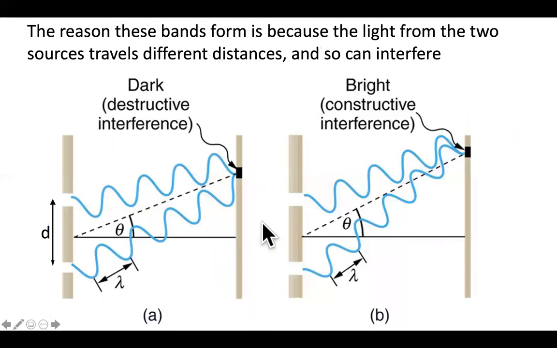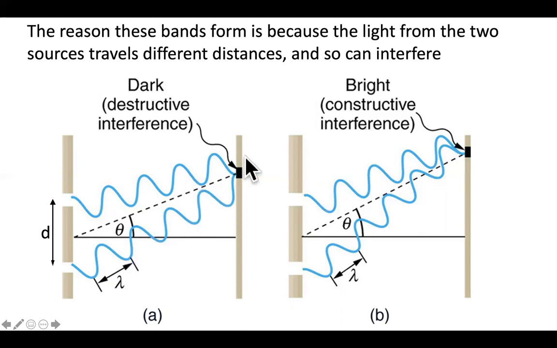In this case, you have light coming from one slit and the other slit, and they're traveling some distance to reach this point. In some locations, they're traveling slightly different distances. And sometimes that different distance means that this wave is a little bit behind or ahead.